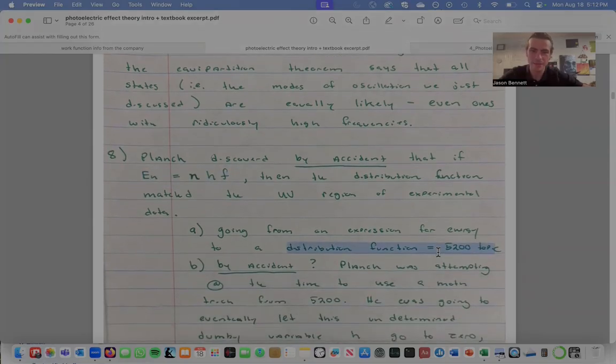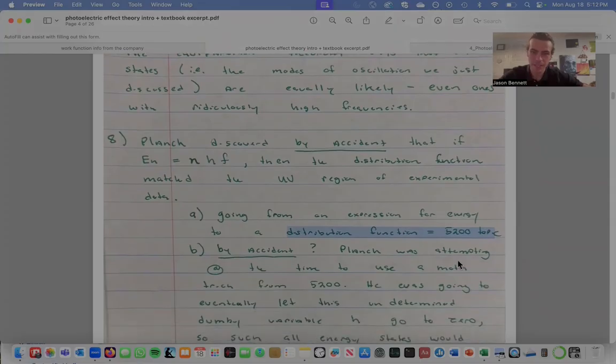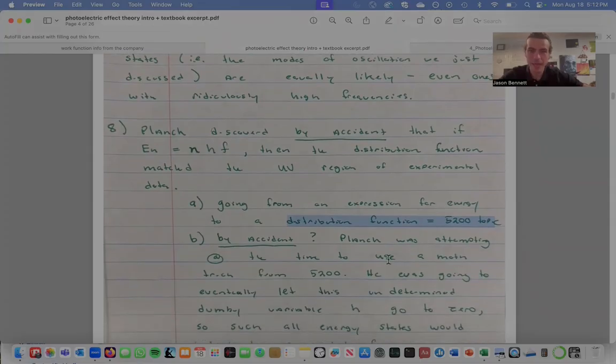But what does by accident mean? Effectively, Planck was doing a little math trick that you'll learn in something like 5200. He was going to eventually let this undetermined constant, he didn't call it Planck's constant, it was just a dummy variable that he was going to be using.